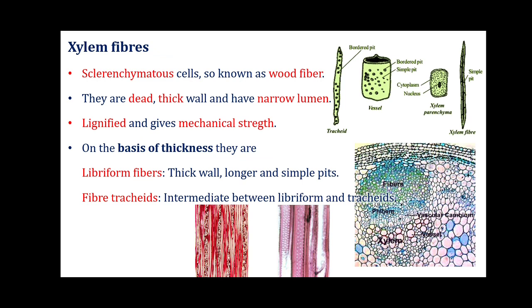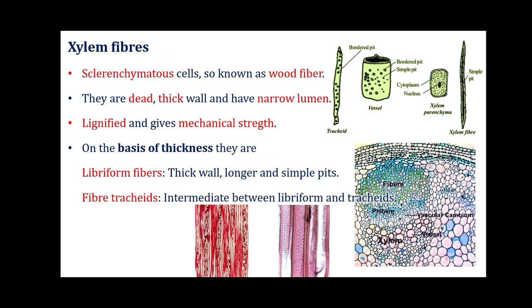On the basis of thickness, they are libriform fibers, which are thick, longer, with simple pits, and the other category is the fiber tracheids. This is intermediate between the libriform, which is the first category, and the tracheids, which is a component of xylem. So in between these two, there is the fiber tracheids.